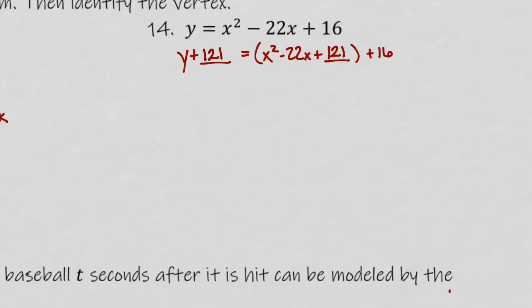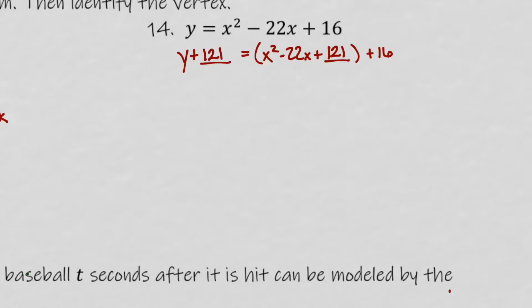And the reason I can do this without having to multiply anything: if there was something in front of the x squared other than 1, I would have had to factor out that coefficient, and I would have had to multiply this number by that number before I put it over here, because it was inside the parentheses. But since this is 1, really we can ignore those parentheses, and it's still the same problem.